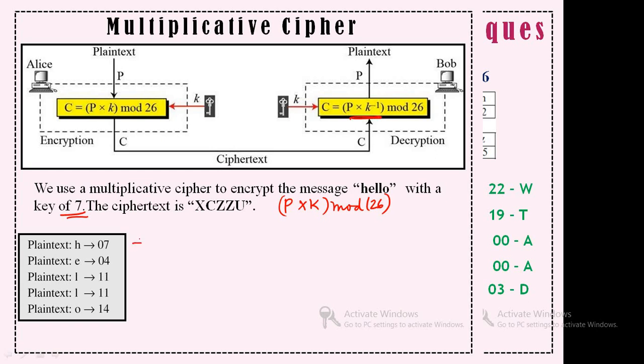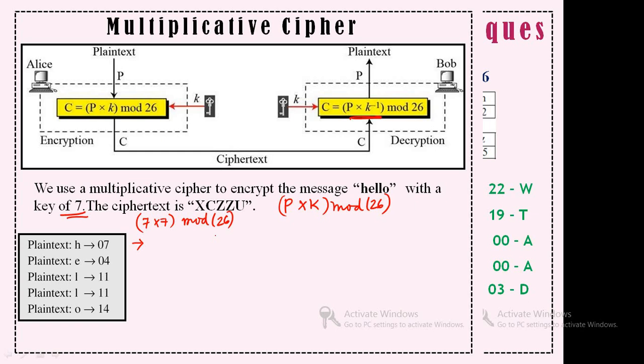For this one, maybe you can do it like 7 multiplied by 7 mod 26. So this will be for the first one, the 8th letter. This is basically 49 divided by 26. Remember, you have to focus only on the remainder.